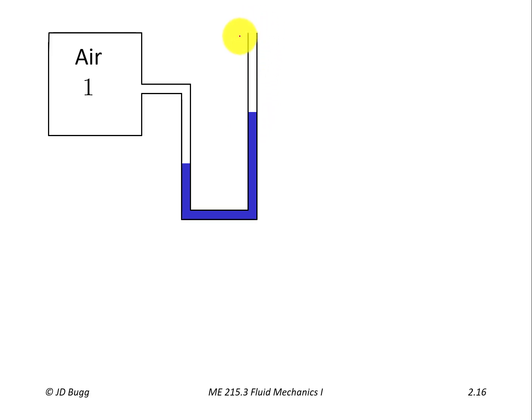Notice this particular manometer tube is open to atmospheric pressure here. So here we have atmospheric pressure. Here we must have some pressure higher than atmospheric because it's pushing this side down. So in my illustration here, the pressure here is higher than atmospheric pressure.